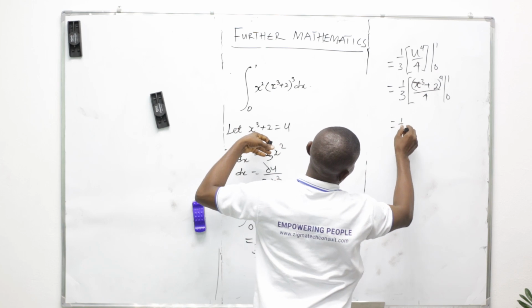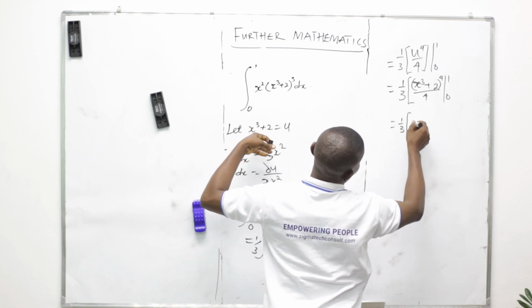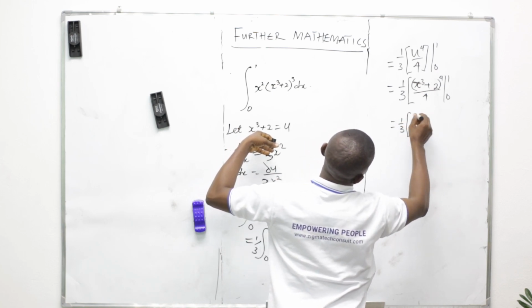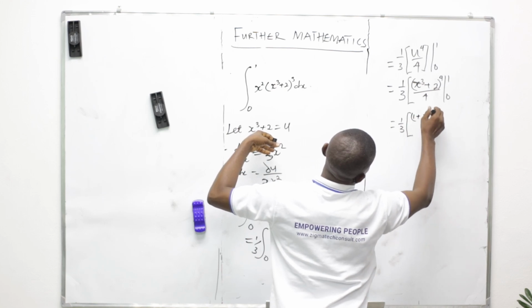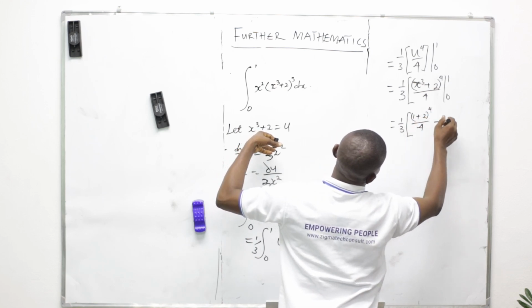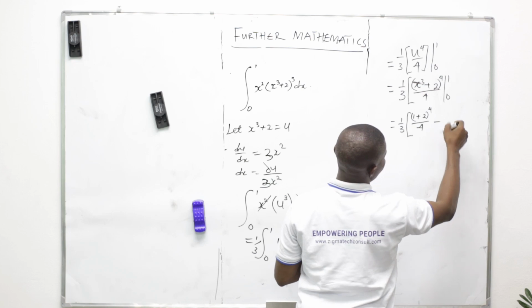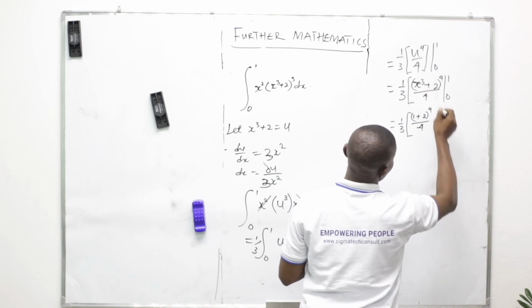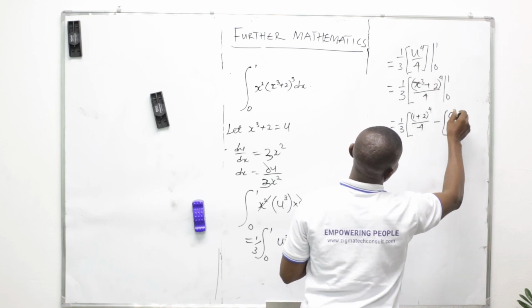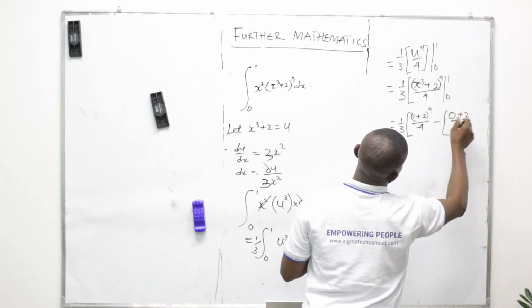This gives us 1 over 3 into (1 plus 2) to the power 4 divided by 4, minus the value at 0.